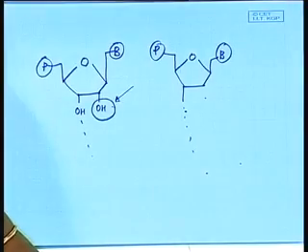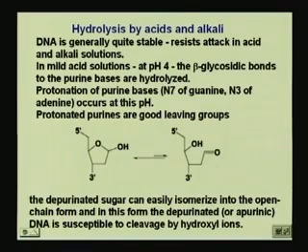So that DNA actually is quite stable, and in mild acid solutions at pH 4, in this case we have a different kind of hydrolysis whereby the purine bases themselves are hydrolyzed. Okay? Since the OH is absent at the 2' position, unlike RNA, what happens in this case, the beta glycosidic bond to the purine bases are hydrolyzed, and we also have protonation of the purine bases.